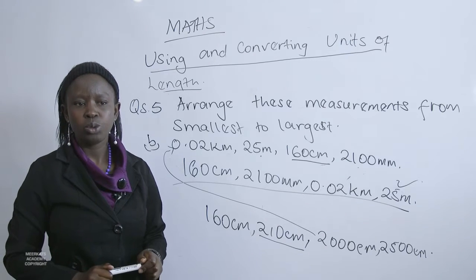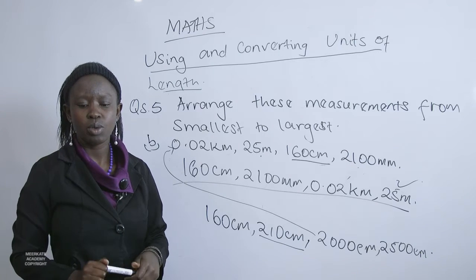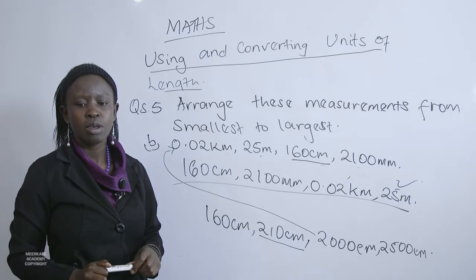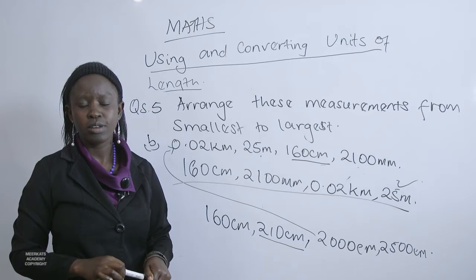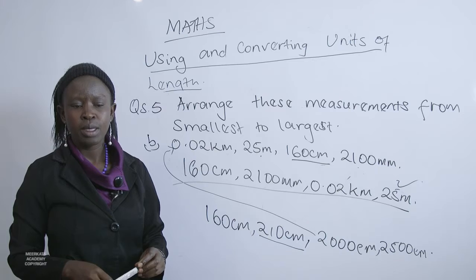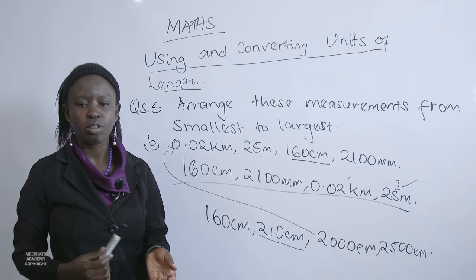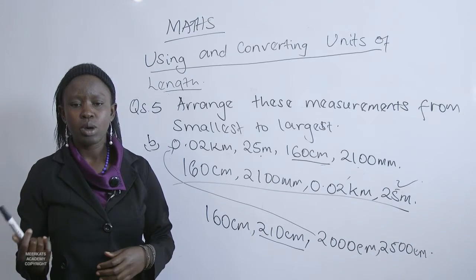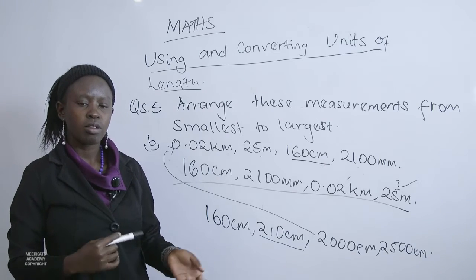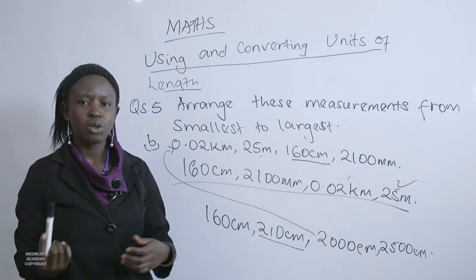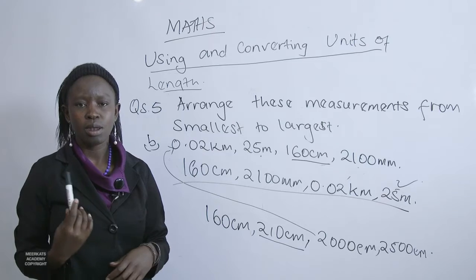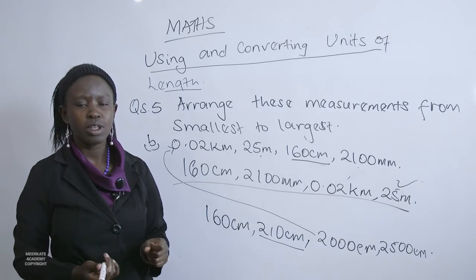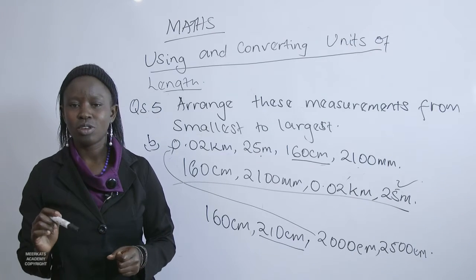So in conclusion, when we are converting from one unit of length to another, what you need to consider is that when converting from a smaller unit to a larger unit, we divide, and when converting from a larger unit to a smaller unit, we multiply.